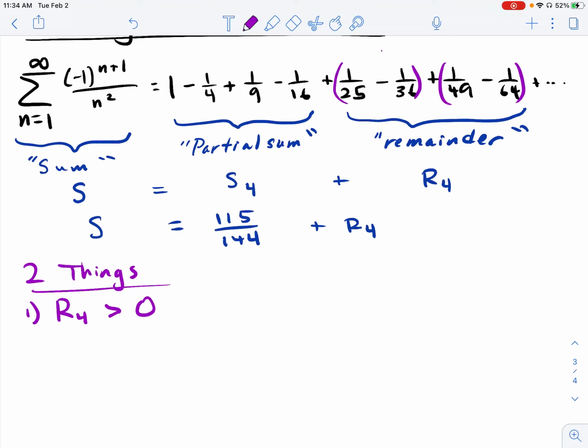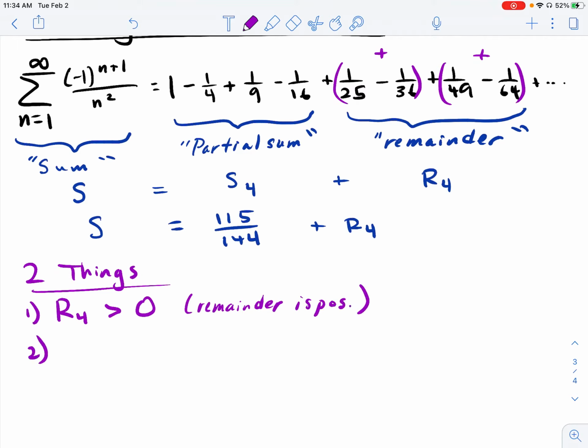In other words, this difference is going to be positive. And this next difference is going to be positive, and so on and so forth. So a remainder consists of the sum of a bunch of positive differences. Therefore, I know my remainder has to be positive.